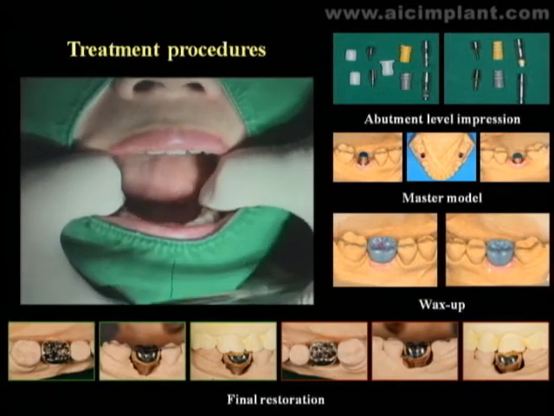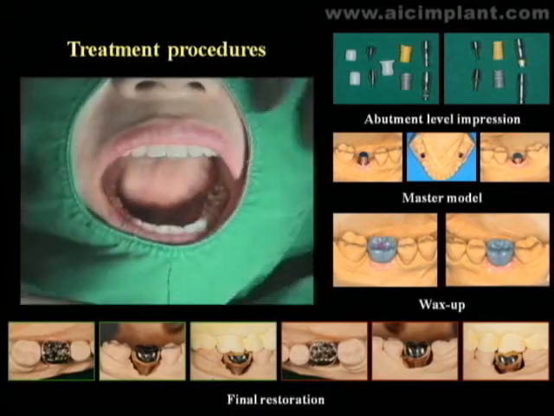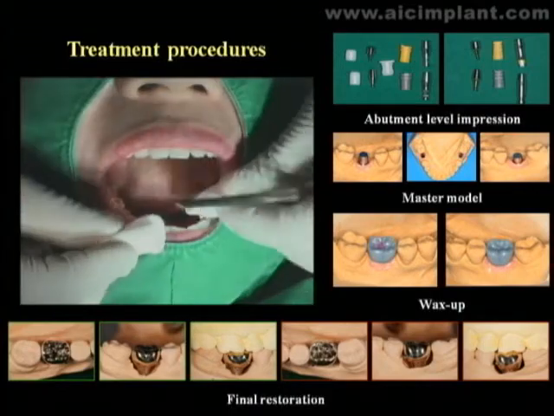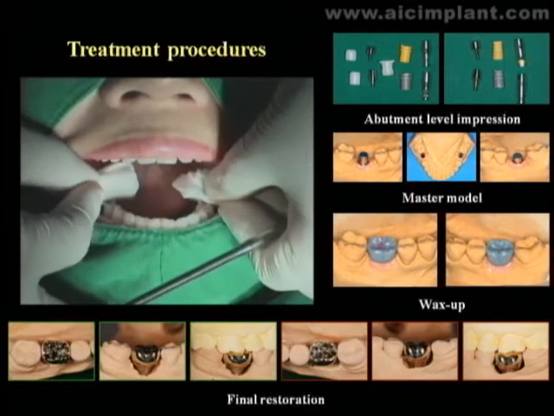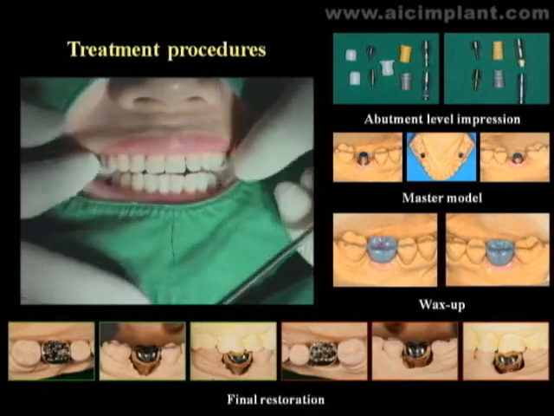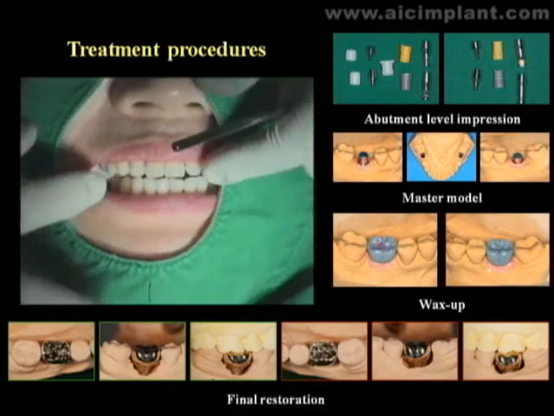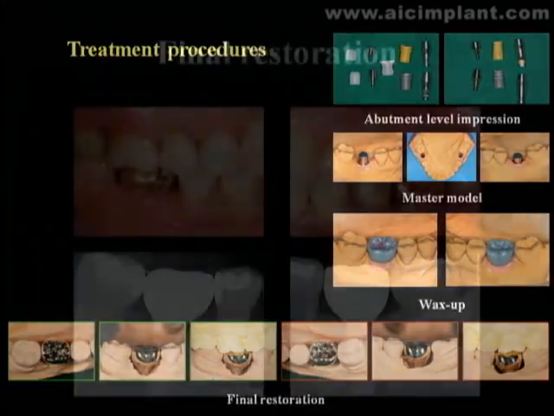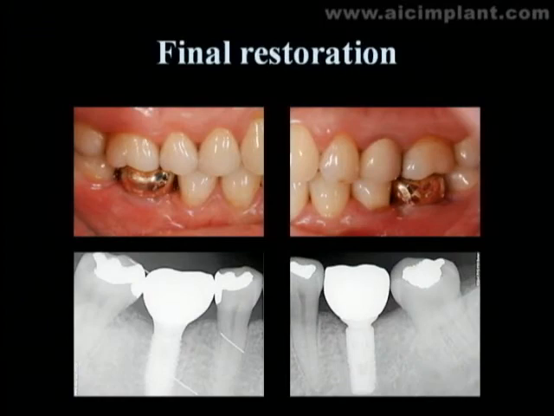Ask the patient to close her mouth. If the height is appropriate, ask her to close her mouth firmly once more before the final finishing touches. This is the final prosthesis following the removal of the residual cement.